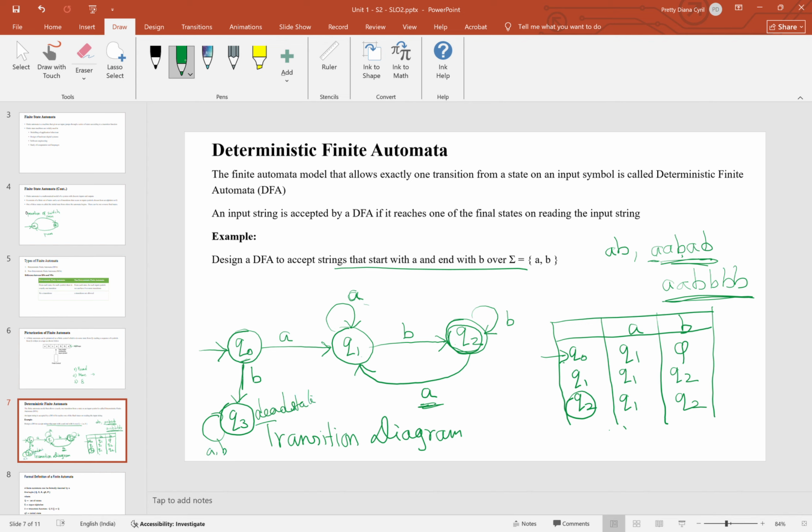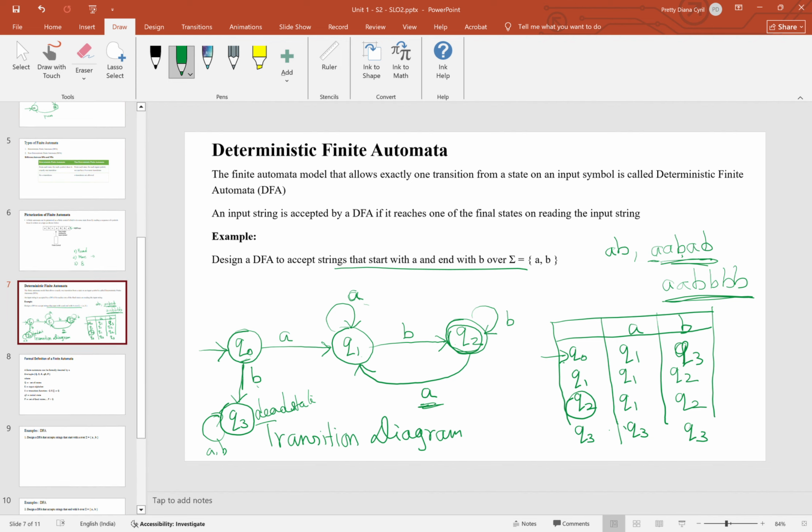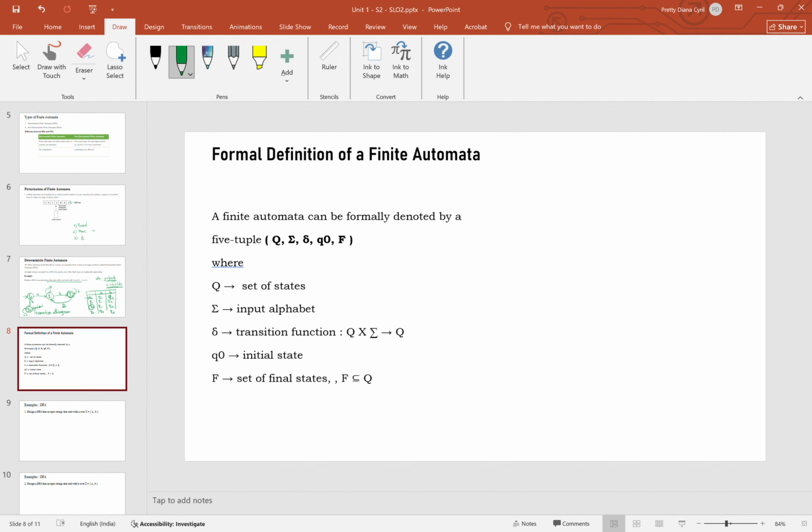And again, if you are trying to transmit A comma B, it is a dead state. So here we can add this Q3 state. From Q3 with A, it remains in the same state Q3. Then Q3 with B also remains in the same state. And from Q0 with B, it goes to Q3. So this is the transition diagram and the transition table.